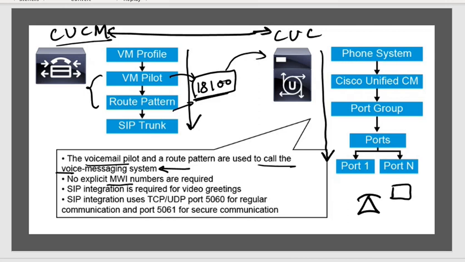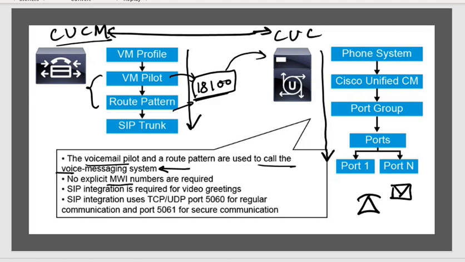What will happen? It will receive a voicemail icon here, a message notification, right? Also on the phones, it turns a red light. So you see that a notification is there. And if it's a video-capable phone, on the screen you can also see a message icon, right? So this is just for notification, message waiting indicator.